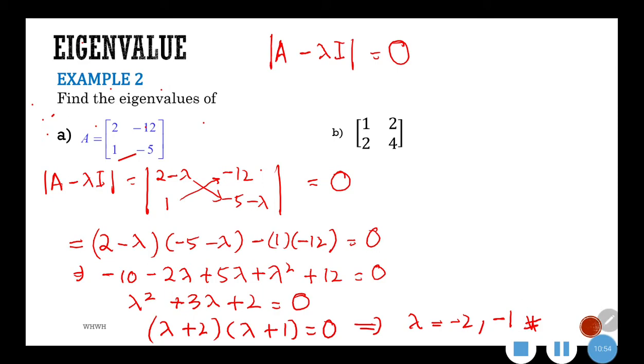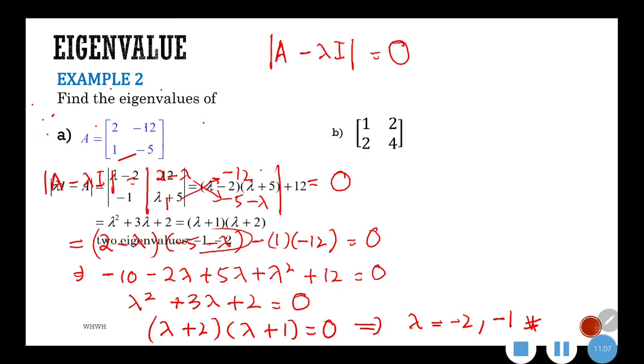Here there is a little magic. If you look at this slide, there is actually a solution on the slide. Is it the correct answer or not? If you have your own slide, you can see this, where the eigenvalue is equal to negative 1 and negative 2. Can you see this? Okay, negative 1 and negative 2. It agrees with what I wrote. But the way it is done is slightly different from mine.